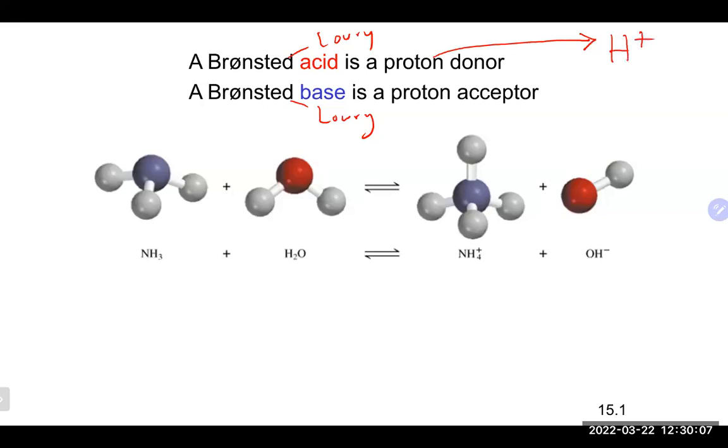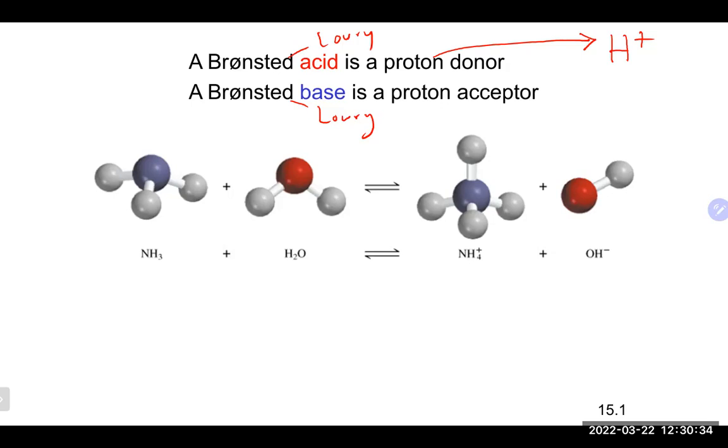H+ is sometimes called a proton because hydrogen has how many protons? 1. How many electrons? 1. How many neutrons? 0. So because it doesn't have any neutrons, the only way it becomes positive is to lose its electron, which leaves it just a proton. So that is why it's called H+.